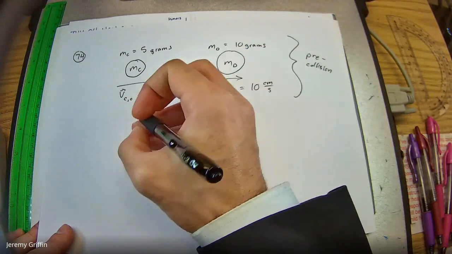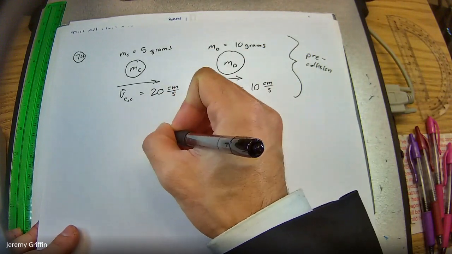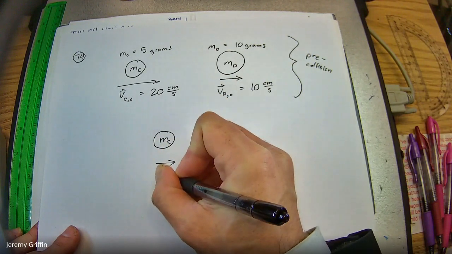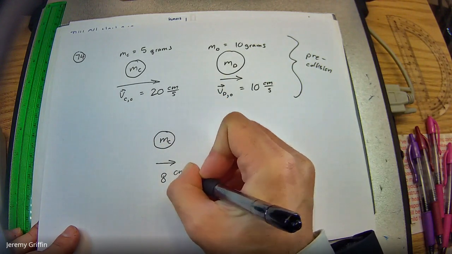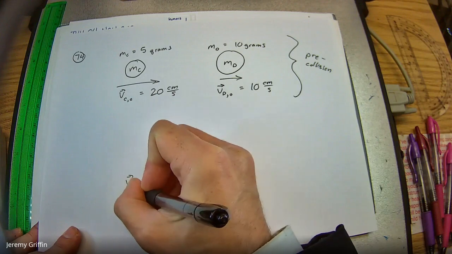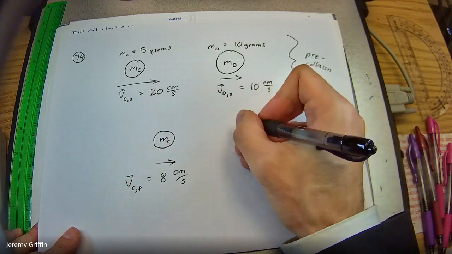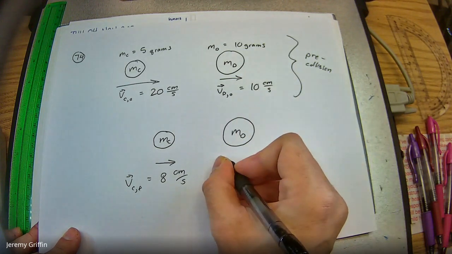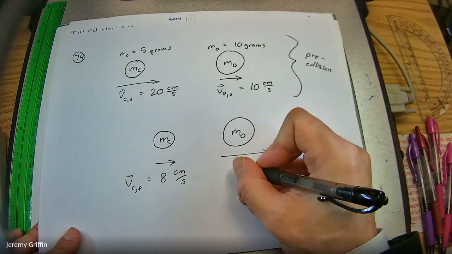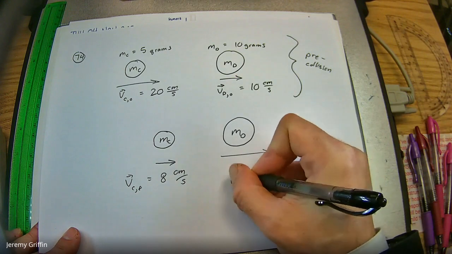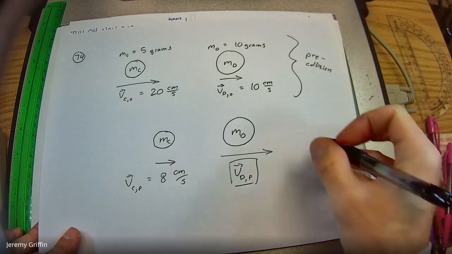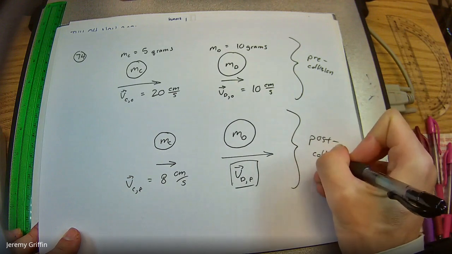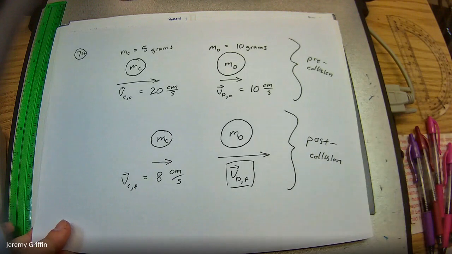Then these things collide, and after the collision, we're going to have marble C moving at only 8 centimeters per second. This is velocity C final, post-collision. And marble D, well, we don't know how fast it's going, at least not yet. That's where this is all leading. This is all post-collision. You guys got that?